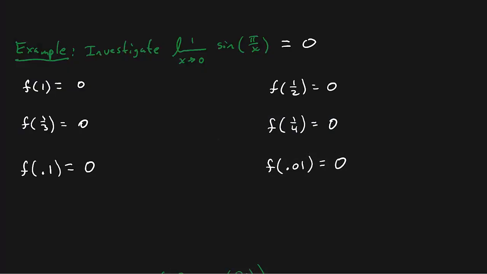So that's another point: tables are not a good idea to evaluate limits. You've got to be really, really careful. Since, as we get closer and closer to 0 from both sides, it's just bouncing back and forth from 1 to -1, this limit does not exist.